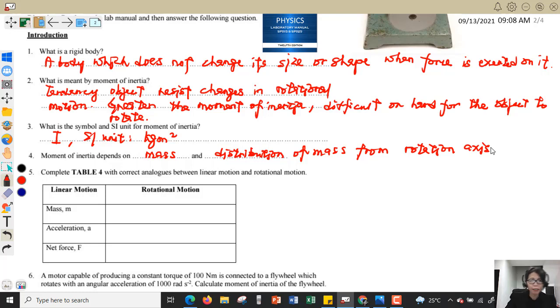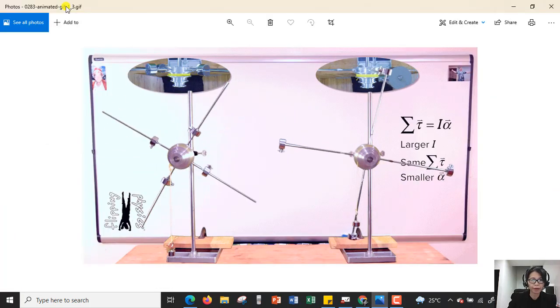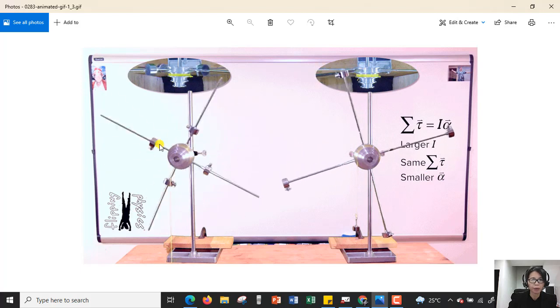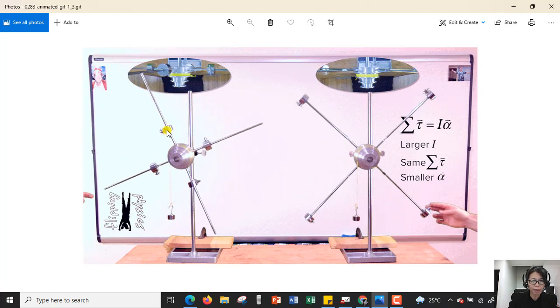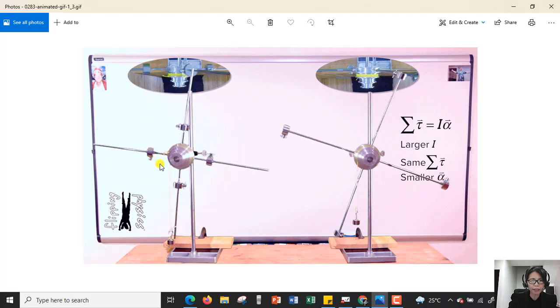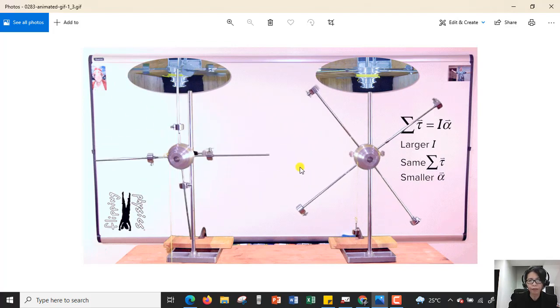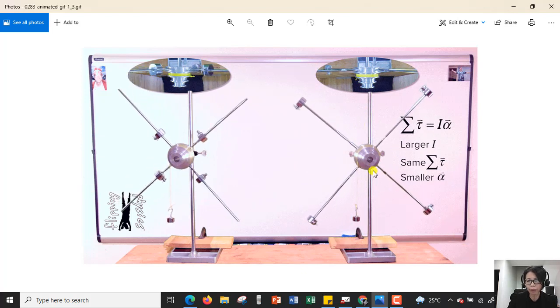So, this is what we mean by the statement in question 4. Let me show you. You might refer to these two pictures. For the first one, the mass is closer to the axis of rotation, and we find out that this system can rotate faster compared to the one on our right side.